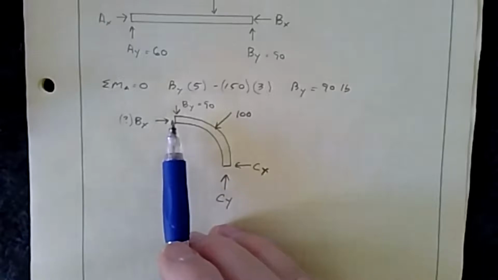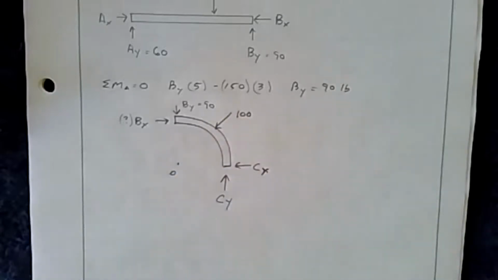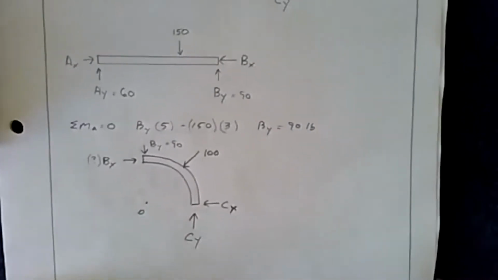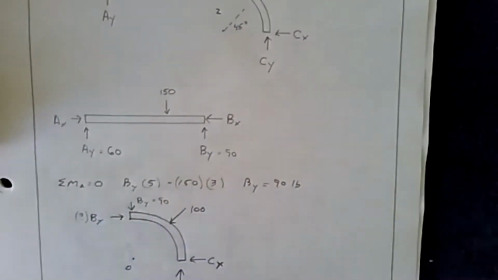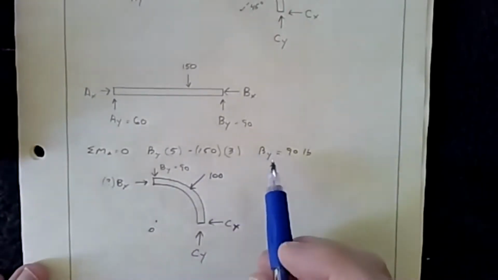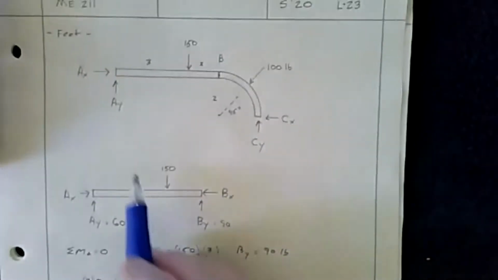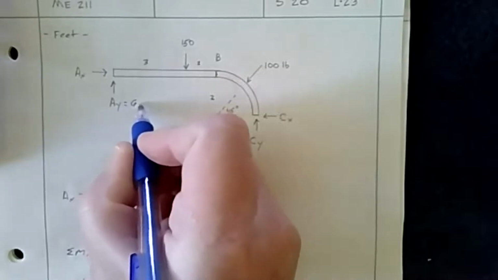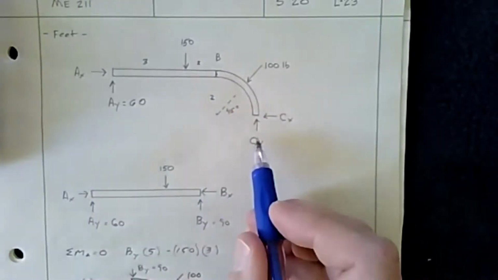Now, what we can conclude is that I skipped a step, and I apologize for that. So one of the things that I should have done, and go back here, is it's true that we found this is 90 pounds, but if we come back knowing that AY is 60 here, that means we can solve for CY, can't we?